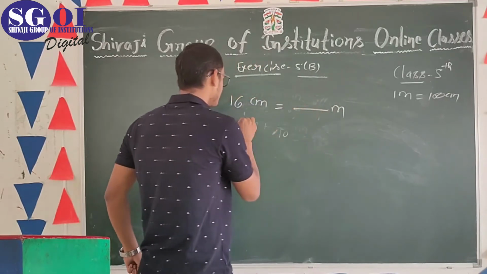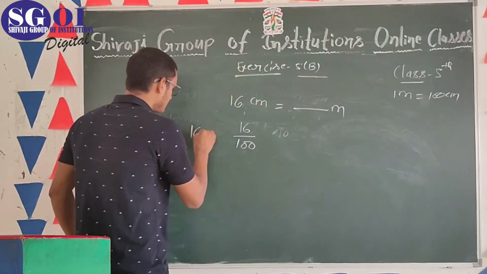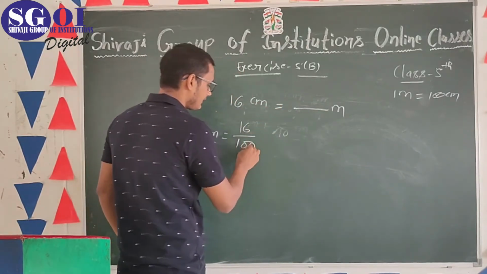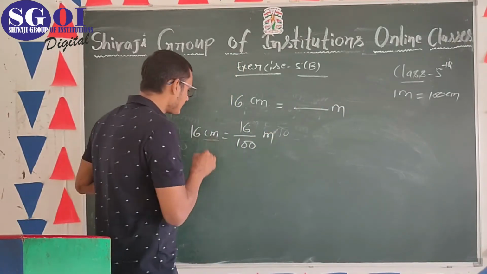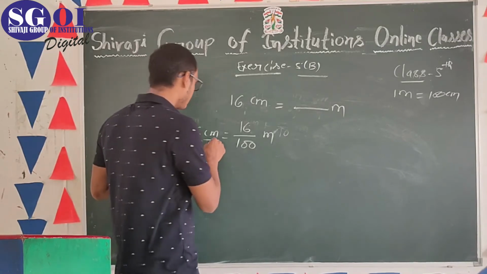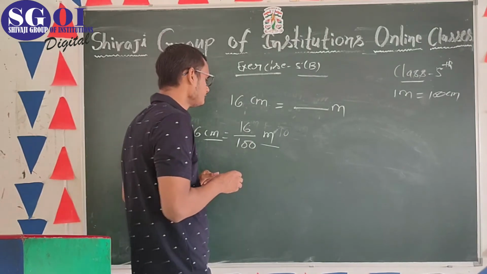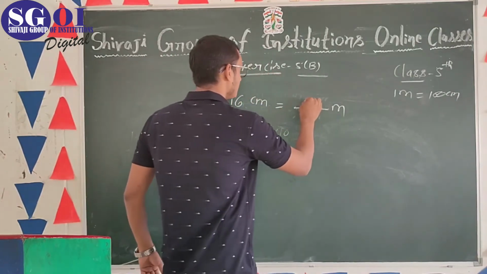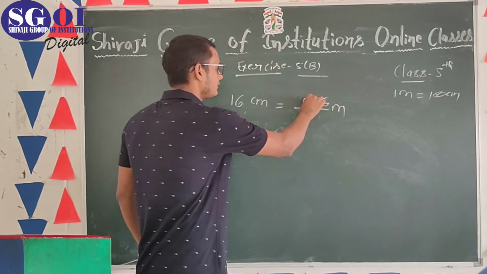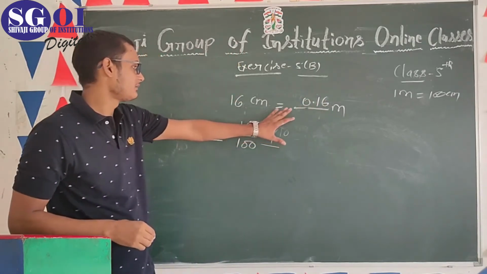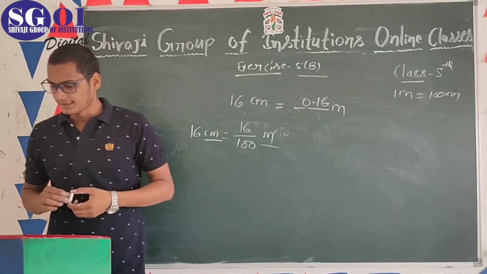So 16 divided by 100 meter. Centimeter is the smaller unit, and meter is the greater unit. So 16 divided by 100 is equal to 0.16 meter. 16 centimeter is equal to 0.16 meter. Understood?